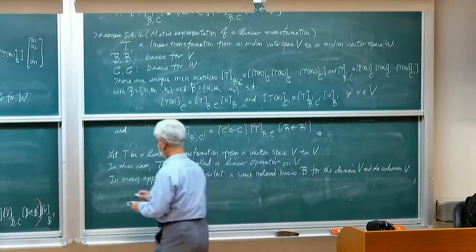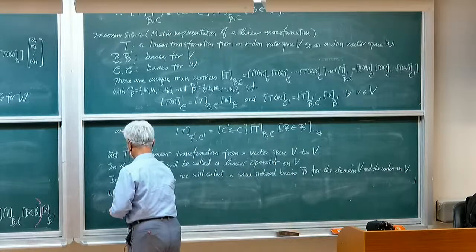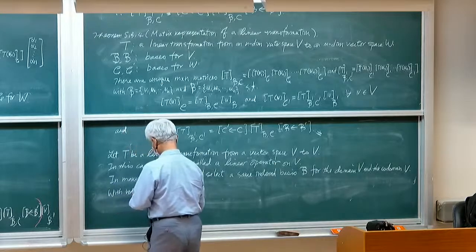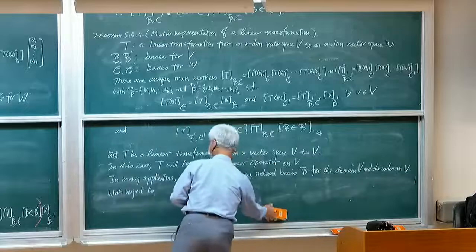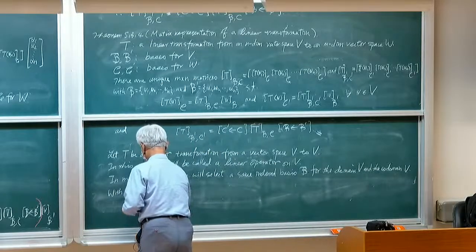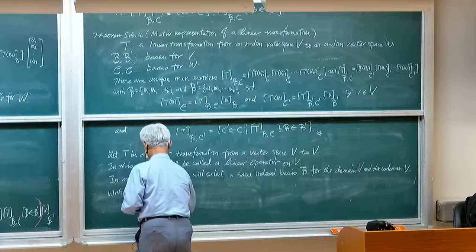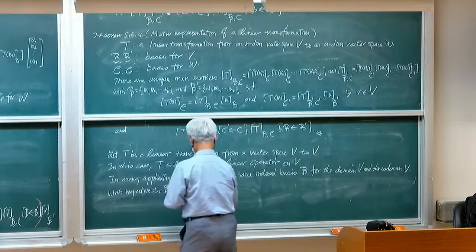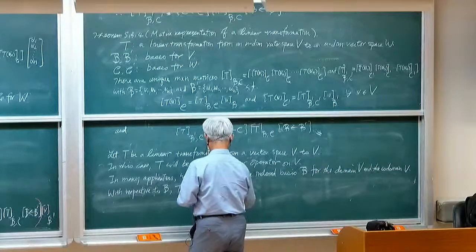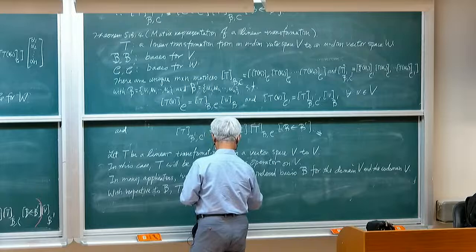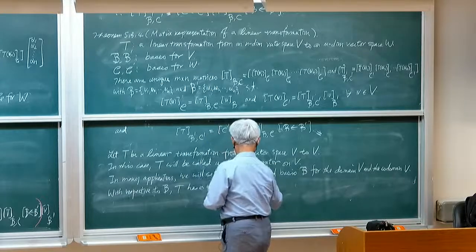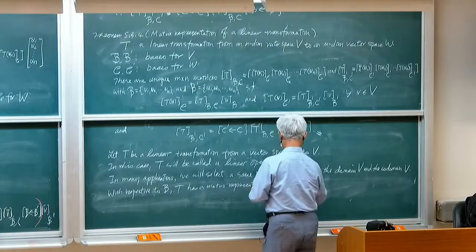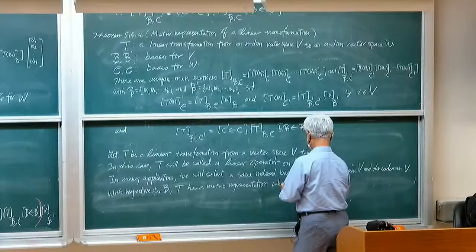Okay, so with respect to B, T has a matrix representation when V is n-dimensional.